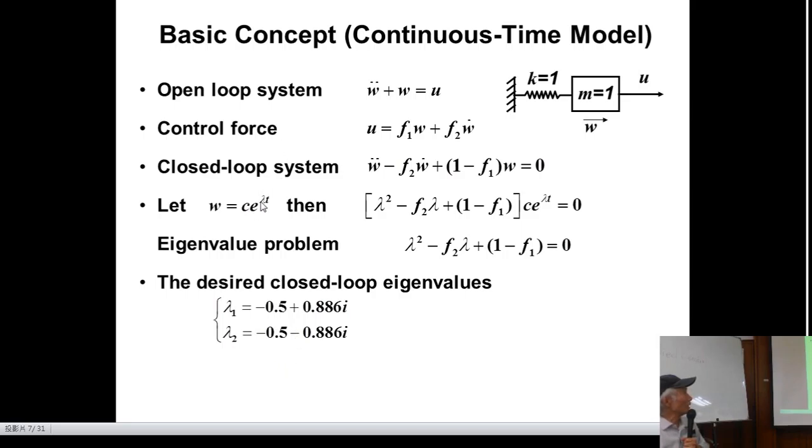Because with e^(lambda t), minus 0.5 plus 0.886i, then e^(lambda t), I know that when t grows, this W will decay. Agree?